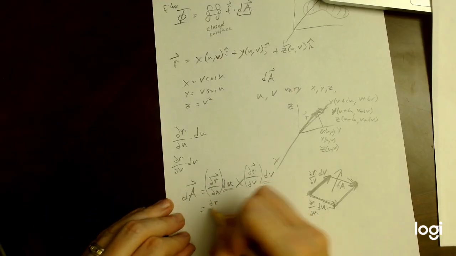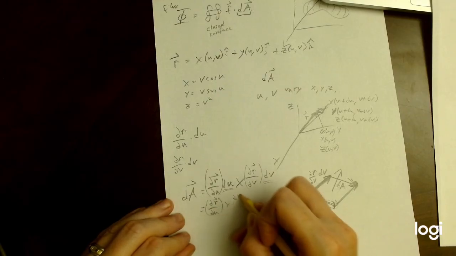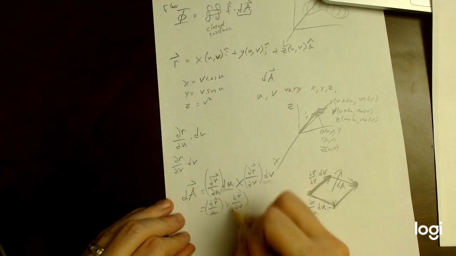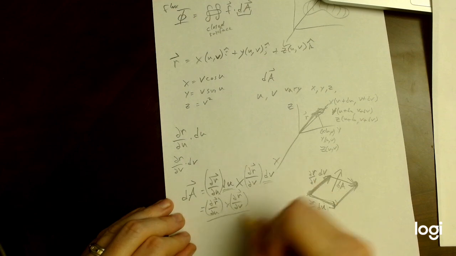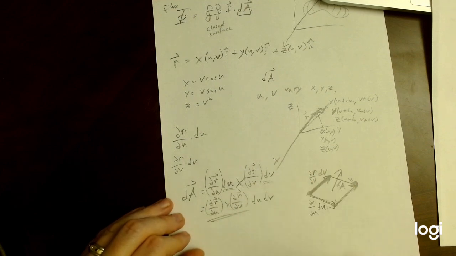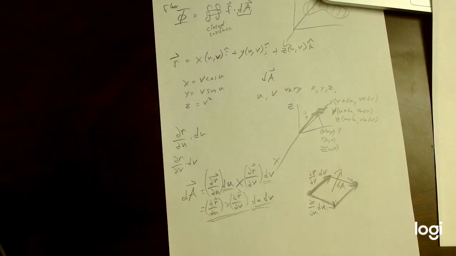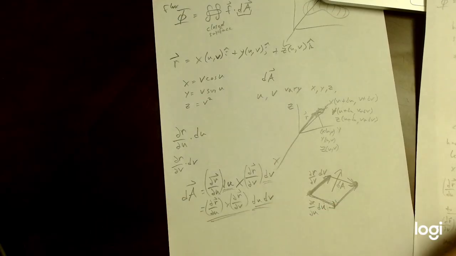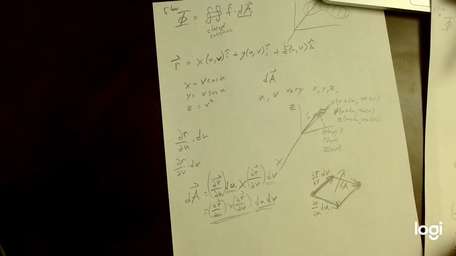So really I'm taking dr/du, which is a vector, and crossing it with dr/dv, which is a vector. This product will be a vector, and I have a du dv out here to give me some integration element.